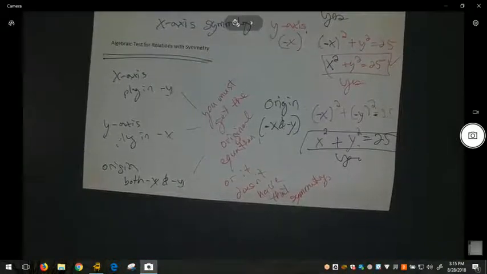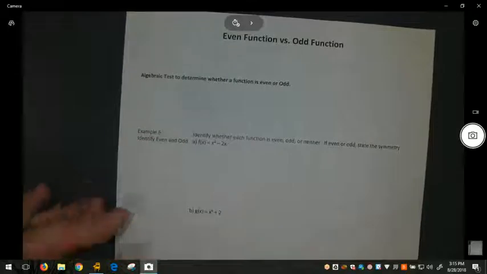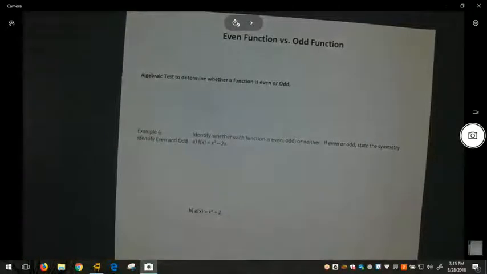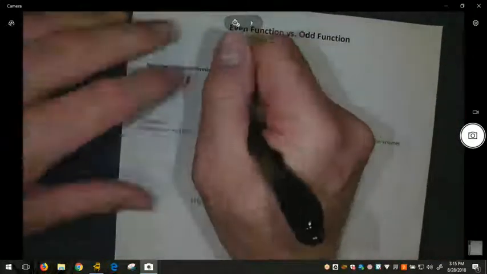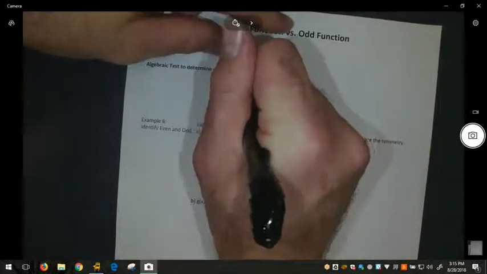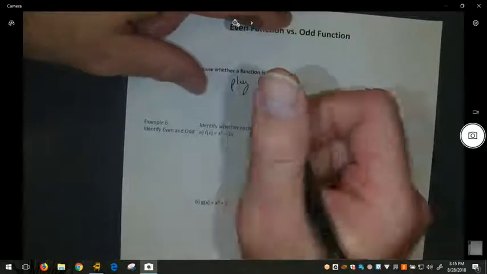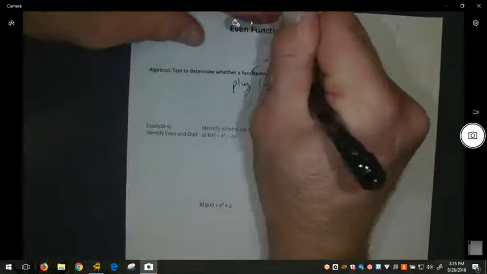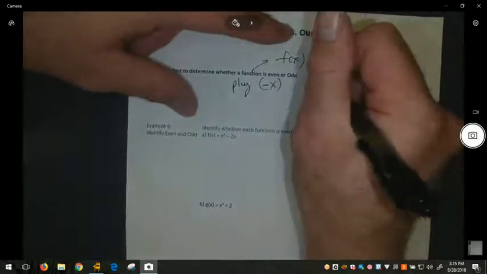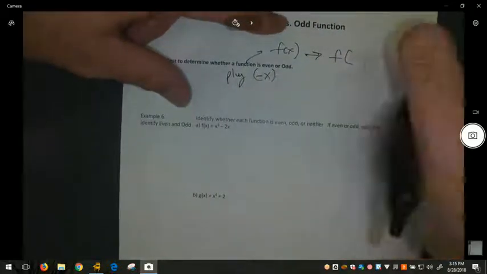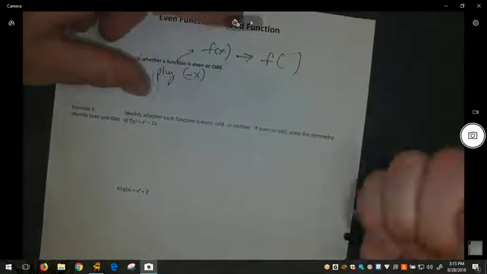Next, we're going to look at functions, even versus odd functions. The algebraic test to determine if a function is even or odd: you're going to plug in the opposite of x. So you have a function f of x, and you plug in the opposite of x.